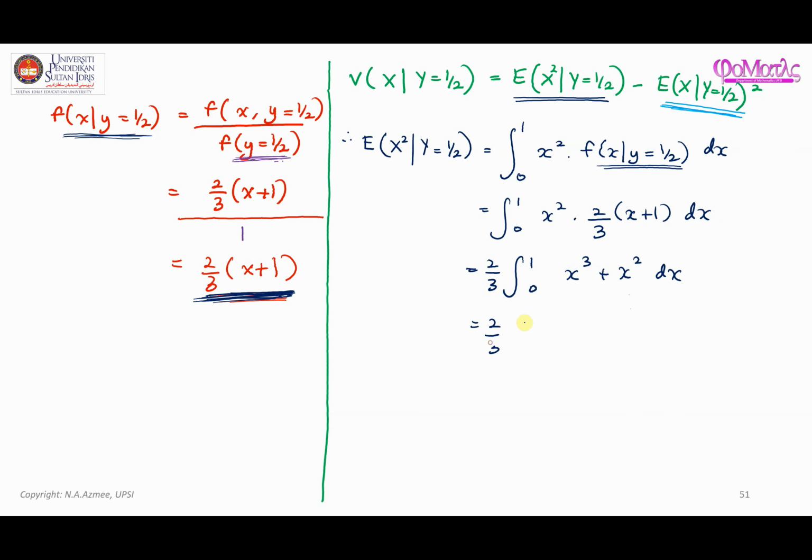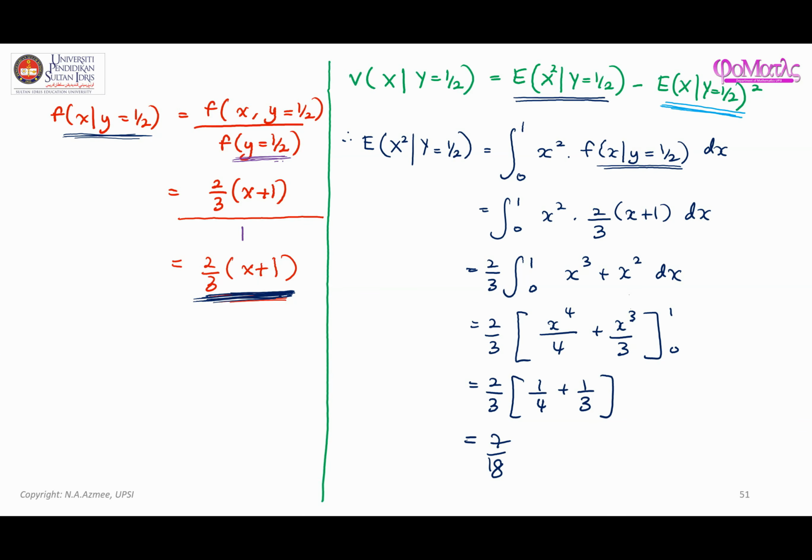After integrating and substituting the limits 1 and 0, we have 2 over 3 times 1 over 4 plus 1 over 3, which is equal to 7 over 18.